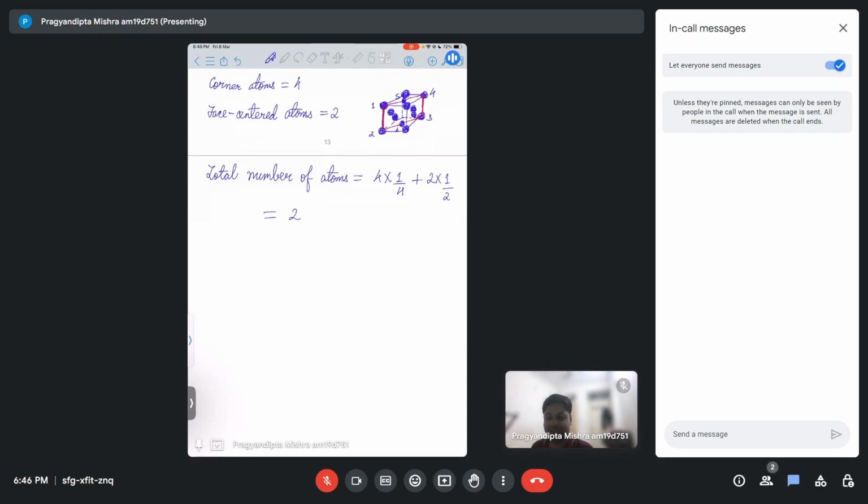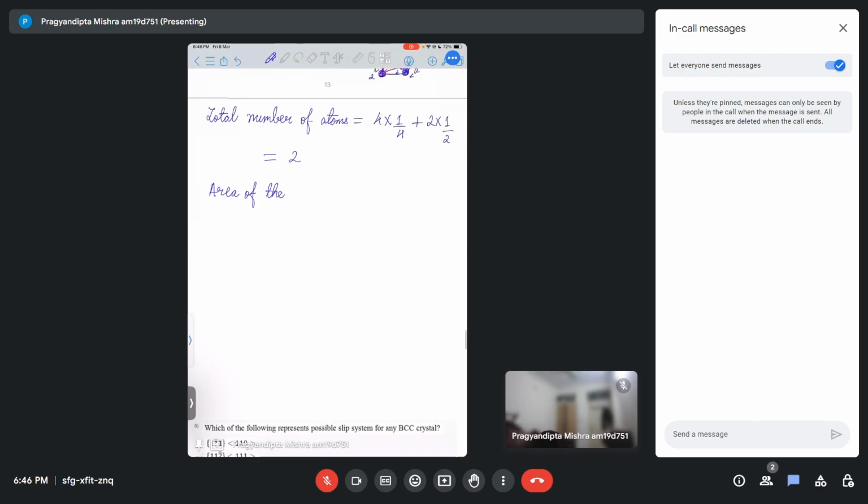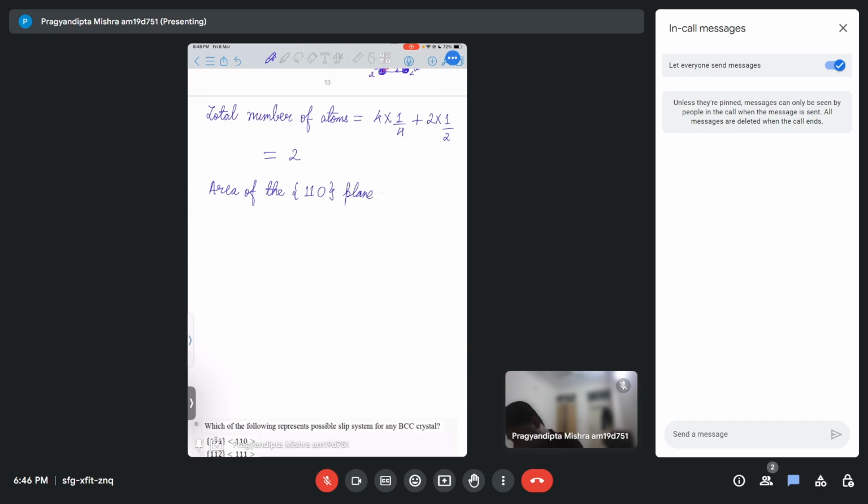Right? Now area of this plane. Let's say each side is A for this face. All edges are A. So the area would be equal to, for the 110 plane, this is like a rectangle, right?